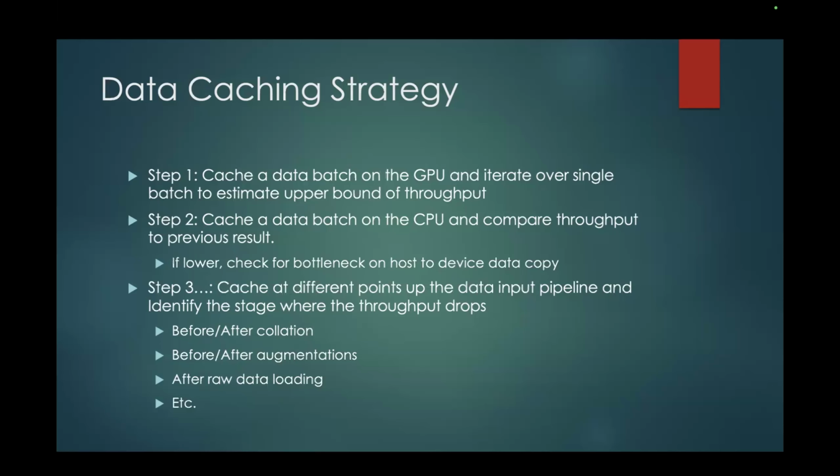So we will include data caching before and after data collation, before and after augmentations, right after the raw data loading, which is essentially the first place on the data input pipeline that we can cache. So we find that this kind of technique provides us with a lot of information and really helps us pinpoint where on the data input pipeline our bottlenecks reside.